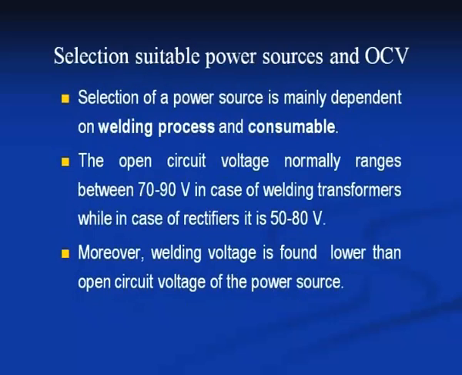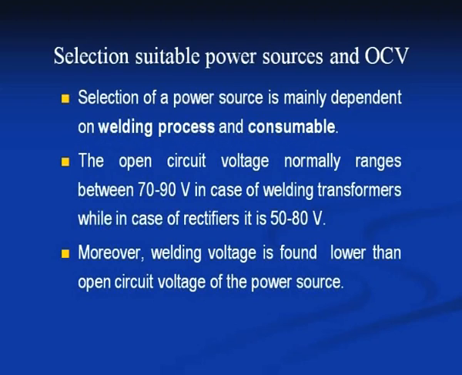To select the power source, it is important that we understand the kind of welding process on which the power source is to be used and what kind of consumable is to be used during the welding. That is why the selection of the power source is mainly governed by the welding process and the consumable to be used.